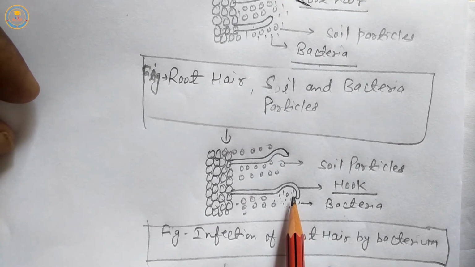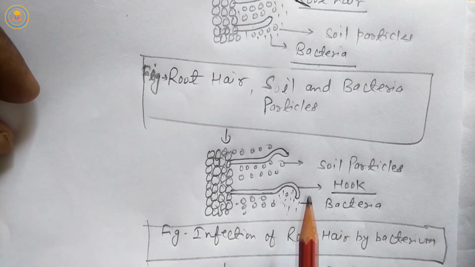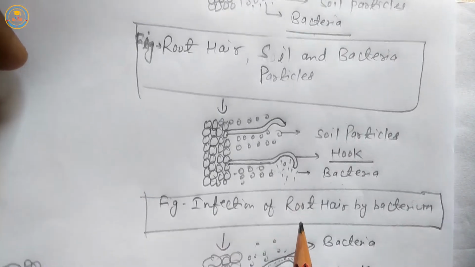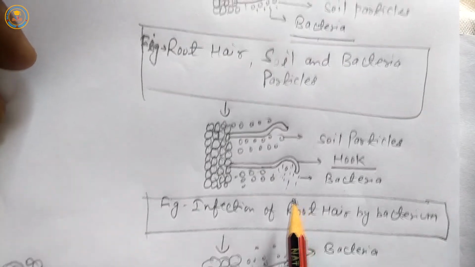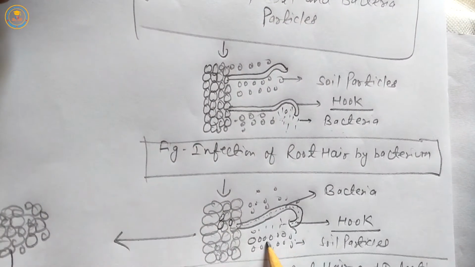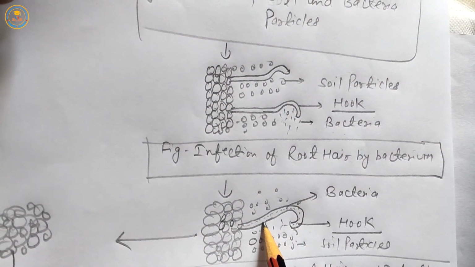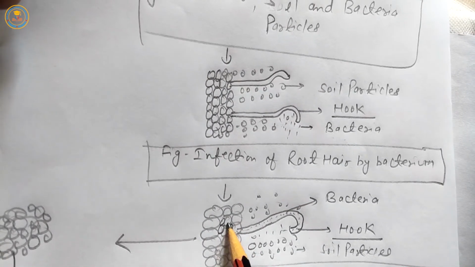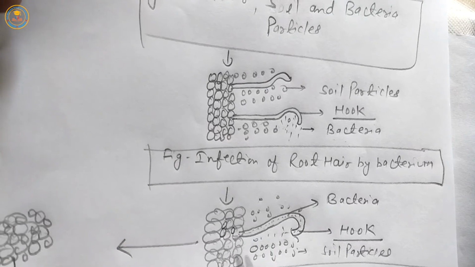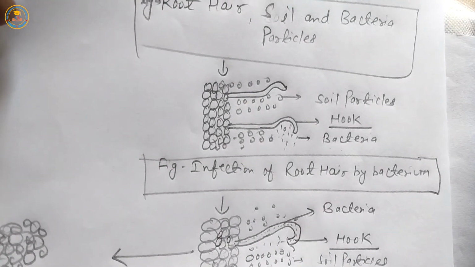So the plant root hair breaks. When the root breaks, rhizobium bacteria easily enter the root part and reach the cortex to stimulate formation of nodules.